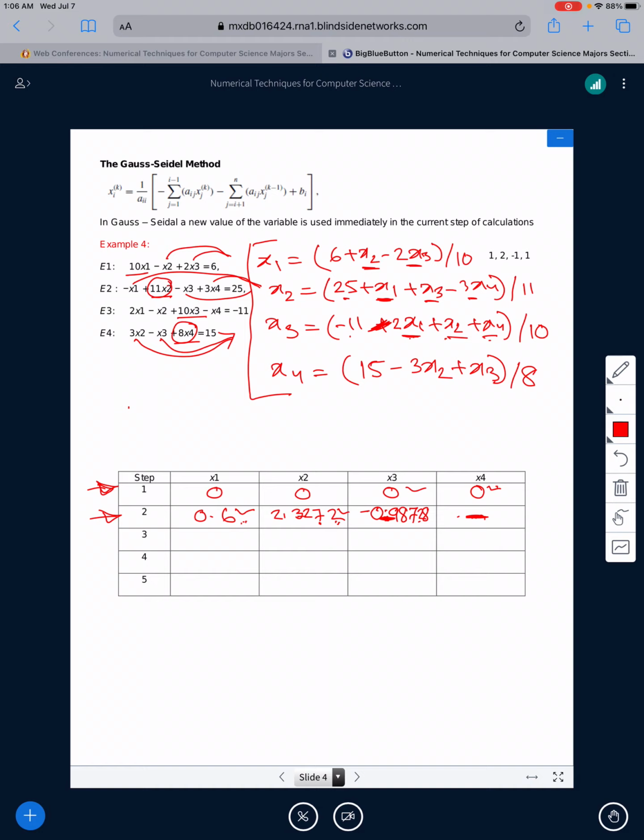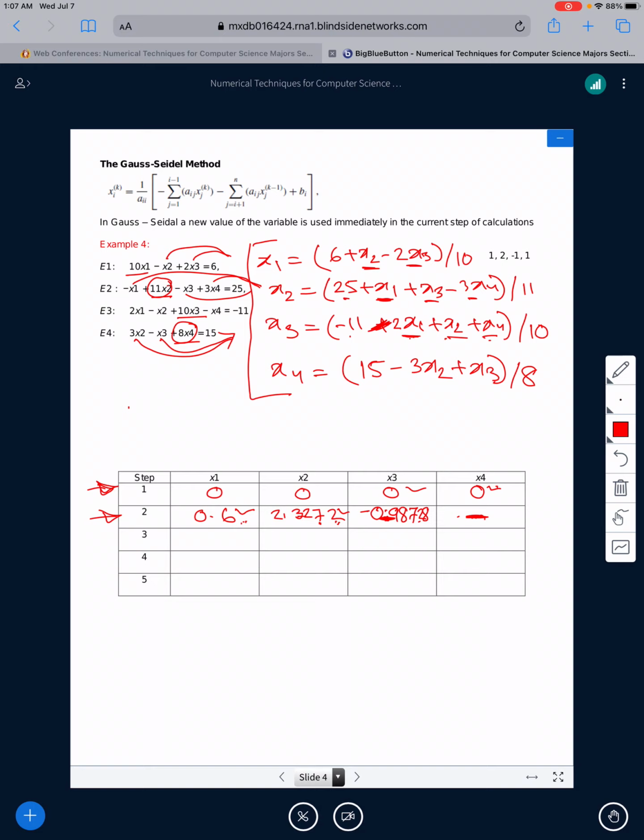So what will be my value in this one? 15 minus 3 times x2, which is 2.3272, plus x3, which is minus 0.98728, and then we are dividing by 8.